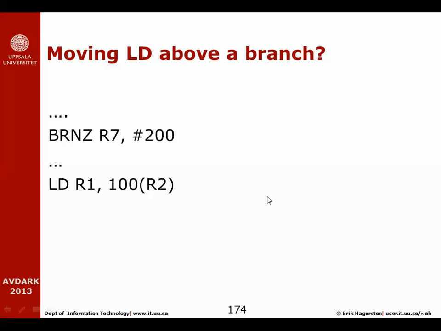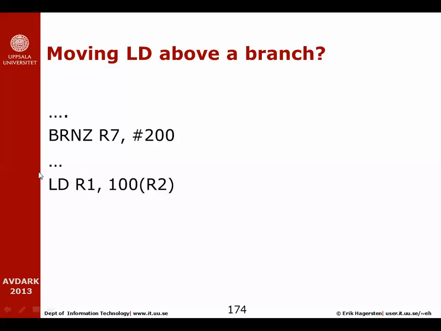So let's start with techniques, hardware support that could allow a compiler to safely move a load above a branch. Once more, the problem is that this load down here may cause an exception, and it could be an error exception. Crash and burn if we execute this instruction.